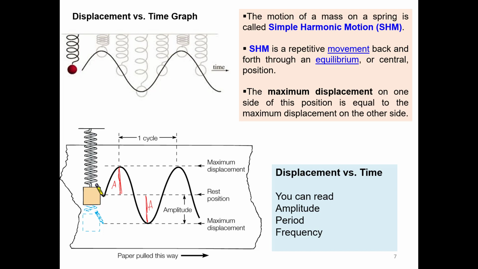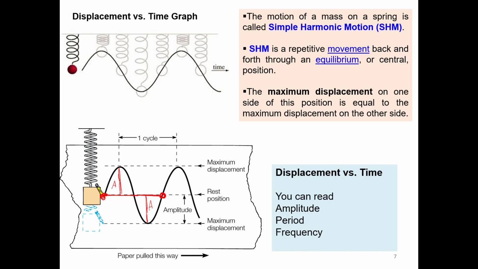Also, we can read the period. Period is the time for one complete oscillation. We need to check what the time is. We start here, and one complete oscillation will be from this point to this point. If we are able to read this time in the graph, then we will know the period, the time for one complete oscillation.